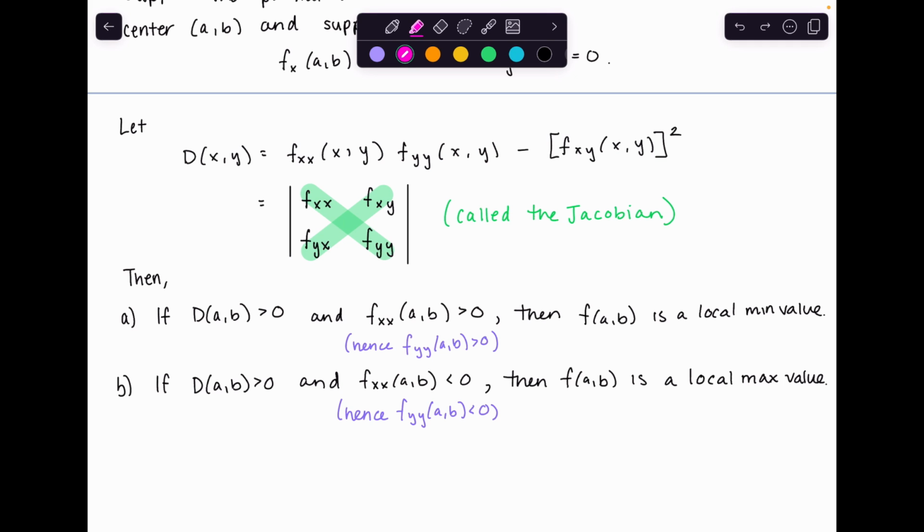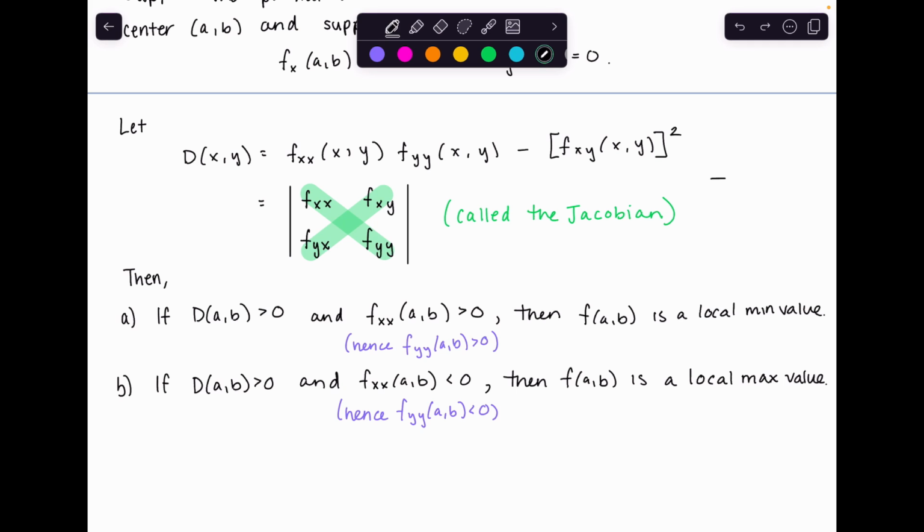Or the other possibility is this is more dominant to make this thing overall negative. So your mixed partials are really what's controlling here. And if that's the case, that means they're kind of fighting each other as to what's happening in the x and y direction. So if this thing is negative, then you're not going to have anything going on. It's not a local max or a local min.